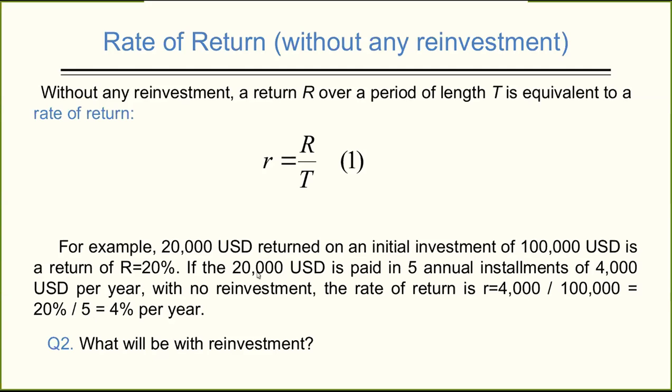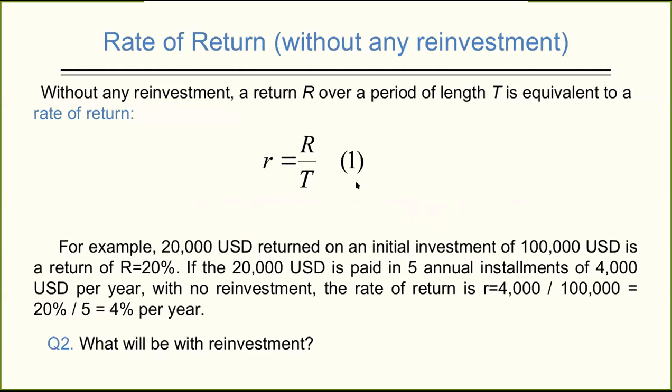But if this return is for 5 years, we divide by 5. Or we can find it for 1 year in this way. So it's Formula 1.